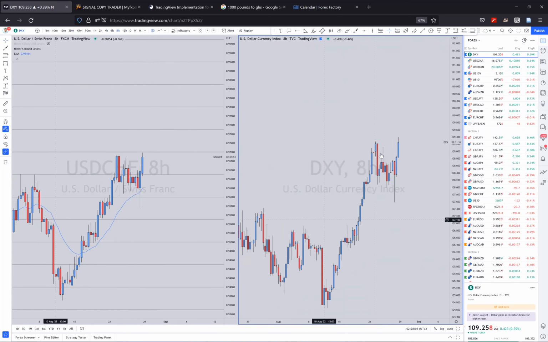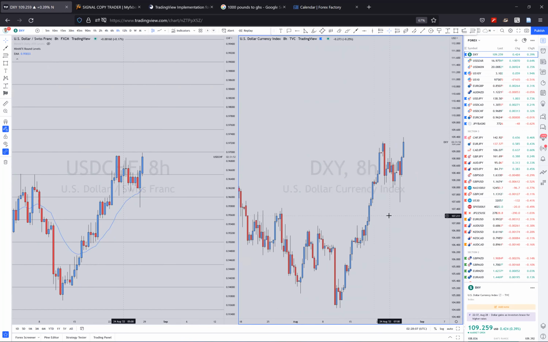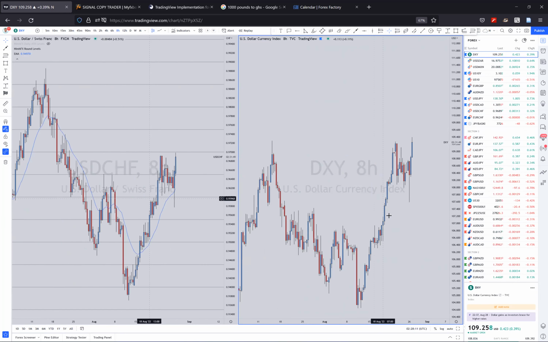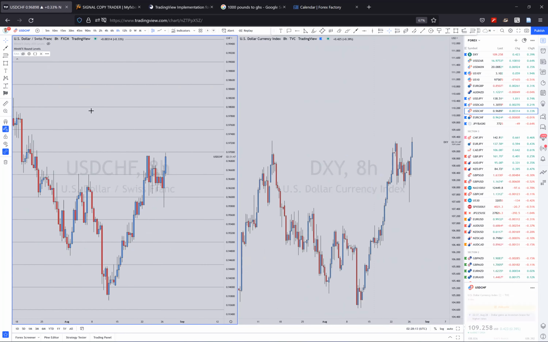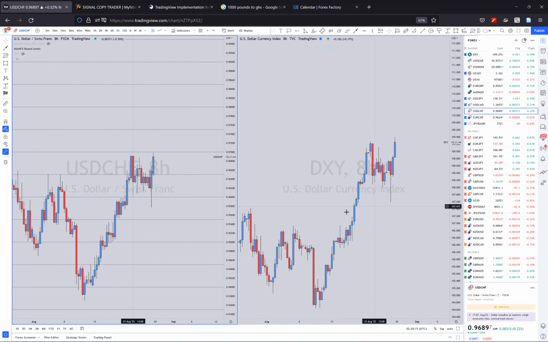So you see this setup is the same. These two setups are the same. So USD CHF is the same as the Dixie.